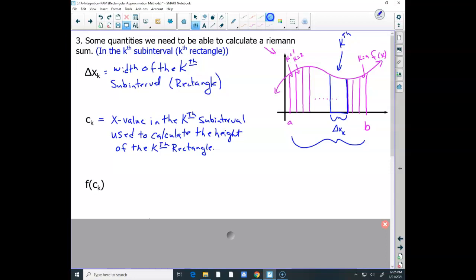And it can be anywhere we want. So I'm just going to pick one. I say right here, that's going to be my c sub k.